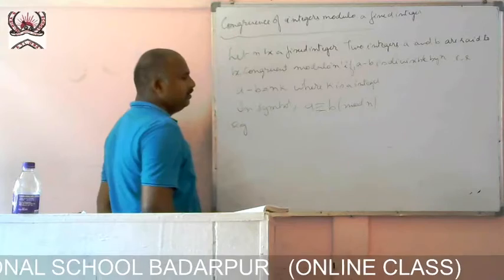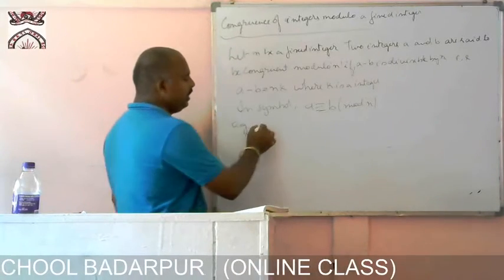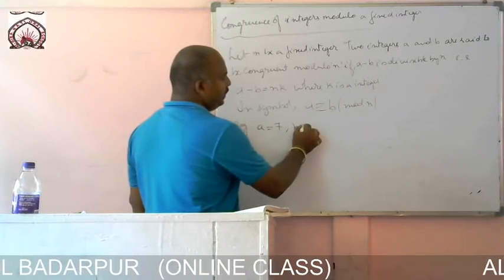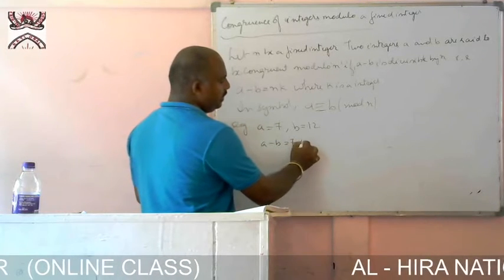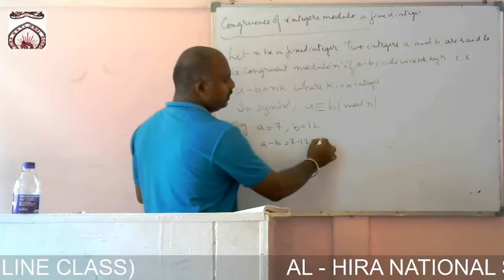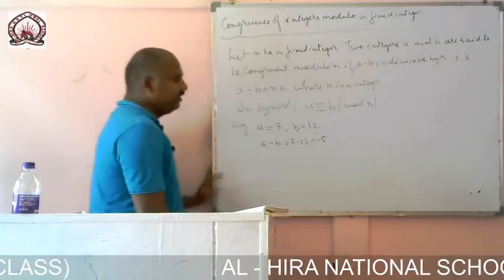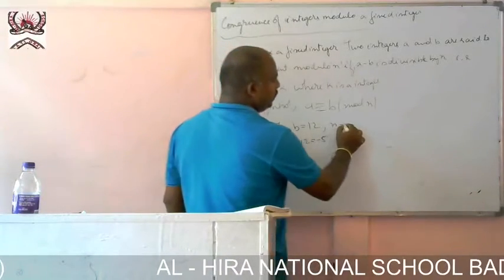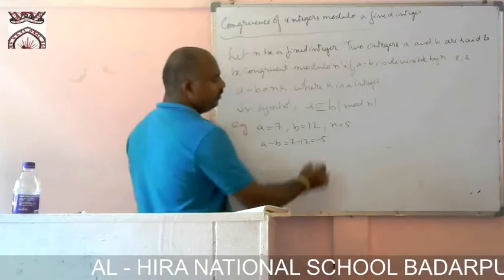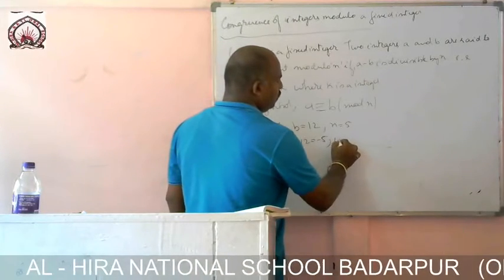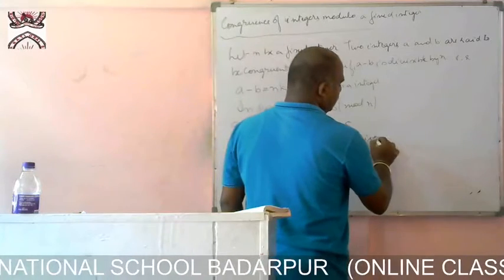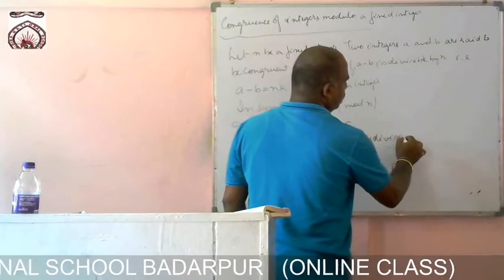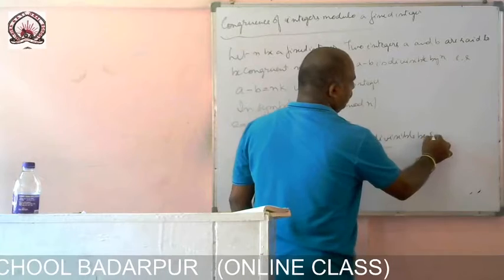Let us take an example. a equals 7, b equals 12. So a minus b equals 7 minus 12, which equals minus 5. Now if n equals 5, minus 5 is divisible by 5.